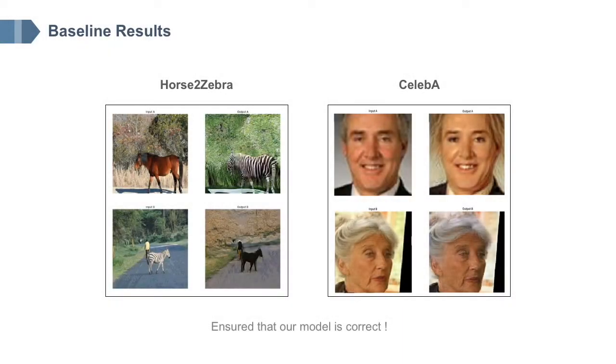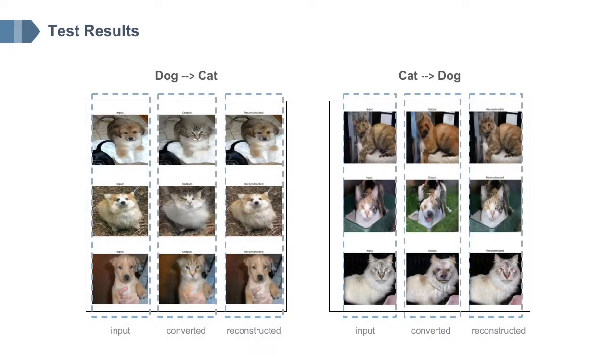After setting all training parameters, we train the model on the baseline dataset first. From the result images, we can see that our model is generally correct. Then we train and test on the Cat2Dog dataset. Looking at the results, we get acceptable conversion and reconstruction.